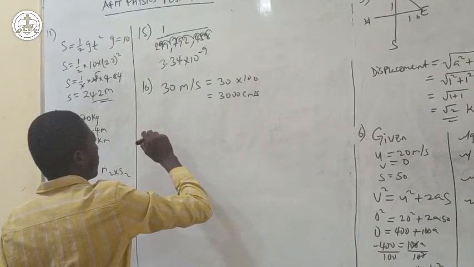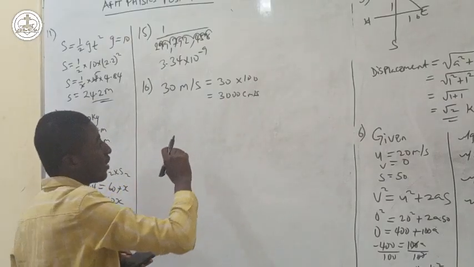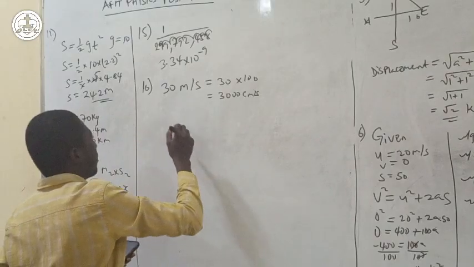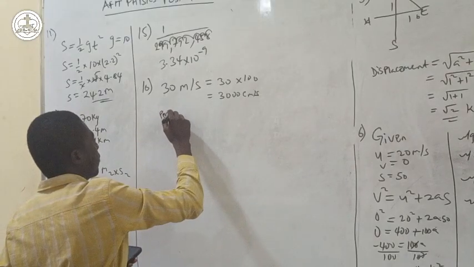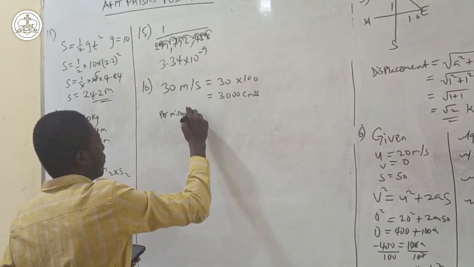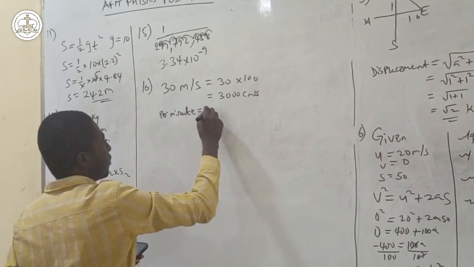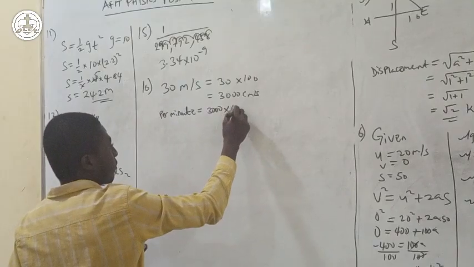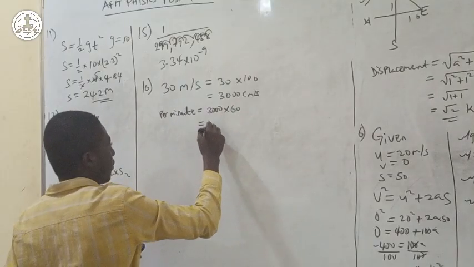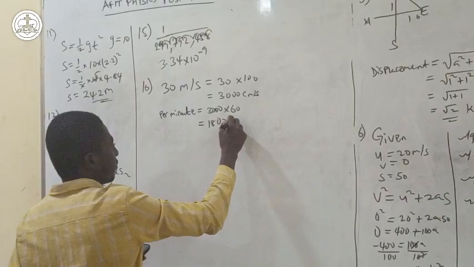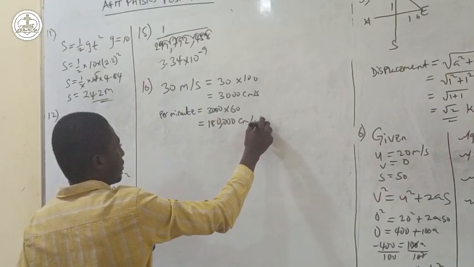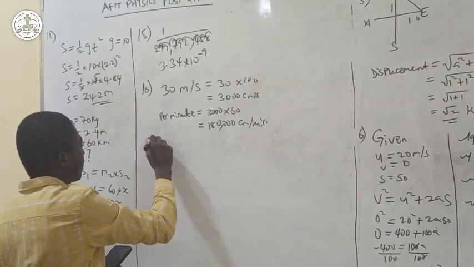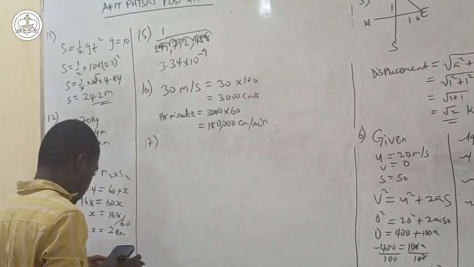Per minute now, is equal to 3000 times 60, which is equal to 180,000 centimeter per minute.